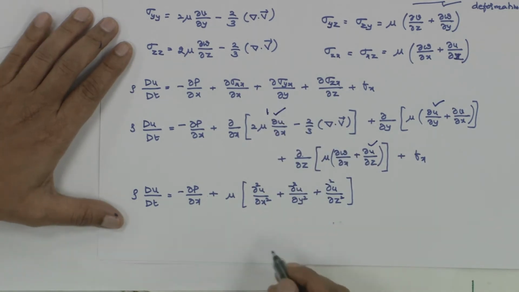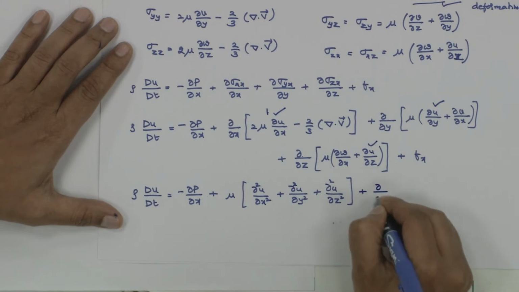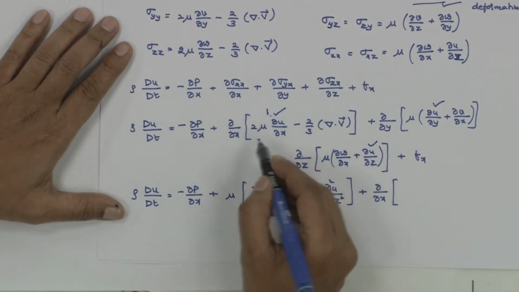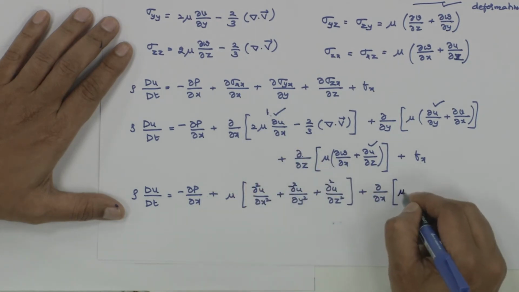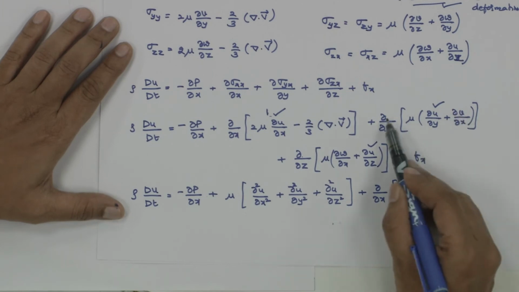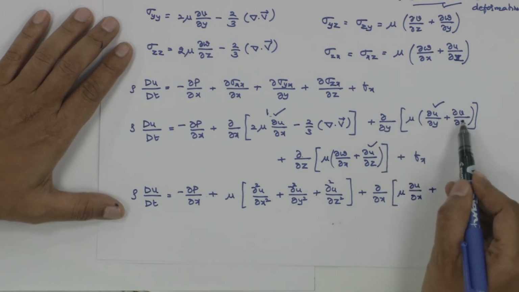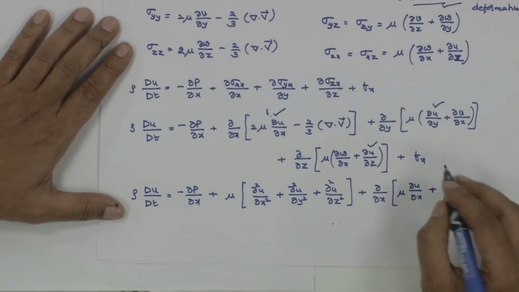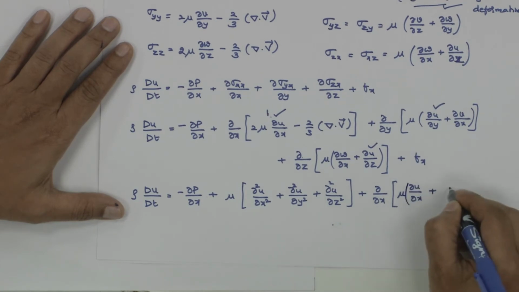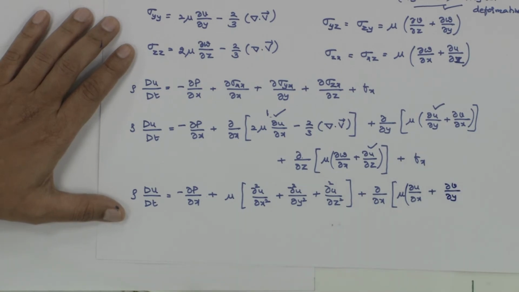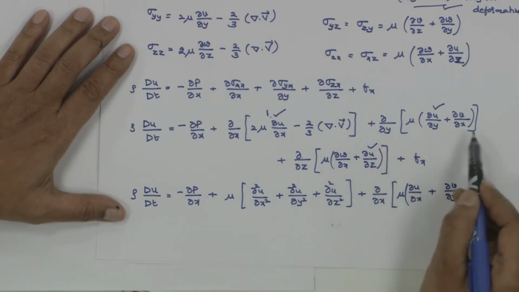So now what is left out is plus del by del x of mu del u by del x, correct, plus you see here del squared v by del y del x, but it does not matter in which order I differentiate, so I can interchange this x and y, so I can write mu of del v by del y, correct. I have just interchanged this x and y.